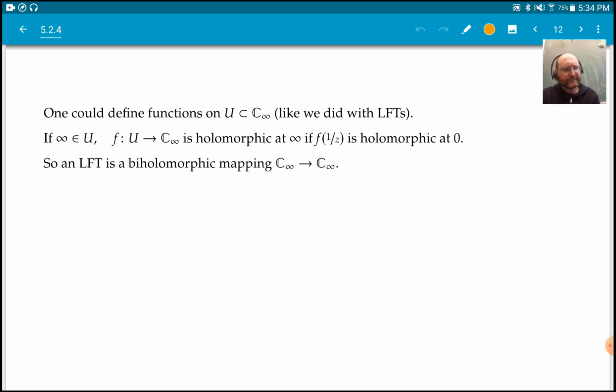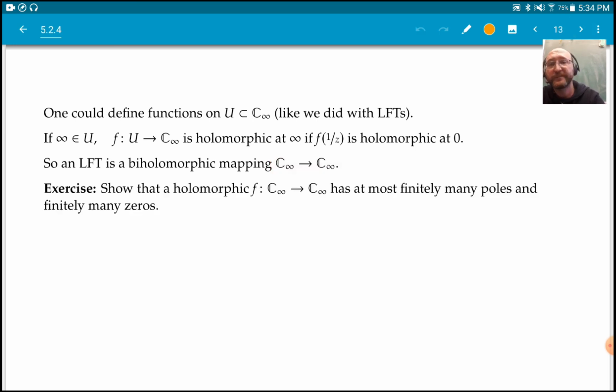So it has an inverse that's holomorphic. So it's a biholomorphic mapping of C infinity to C infinity, the biholomorphic mappings of the Riemann sphere. Those are actually the automorphisms of the Riemann sphere.